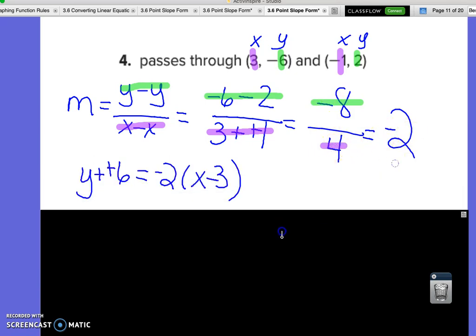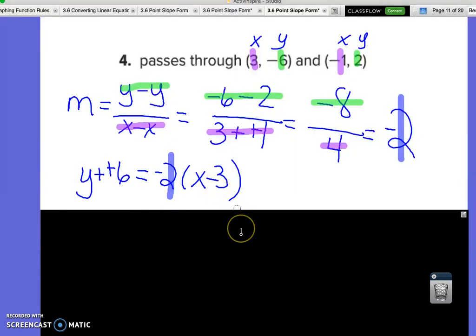Okay, then we're going to place this number right here. And then we're going to choose any point, either this point or this point. I chose this point. So my -6 goes here, it turns to plus. My 3 goes here.